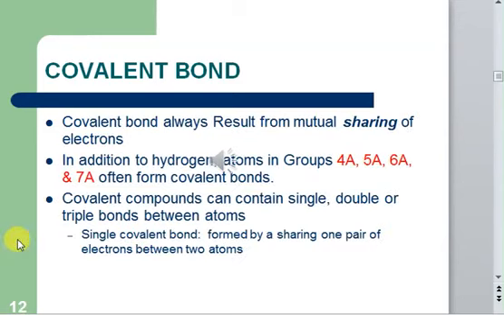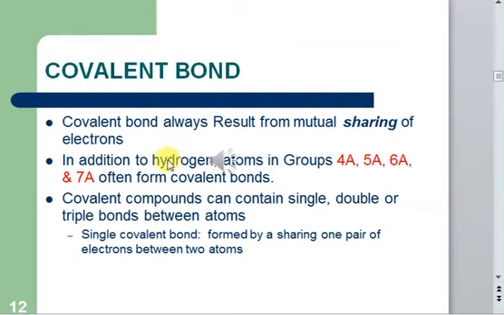Alright, so again I'll continue with the covalent bond, and let's see between which type of atoms a covalent bond is formed. As mentioned earlier, the covalent bond always involves the mutual sharing of electrons, so both of the atoms have to share electrons. So which type of atoms form a covalent bond?